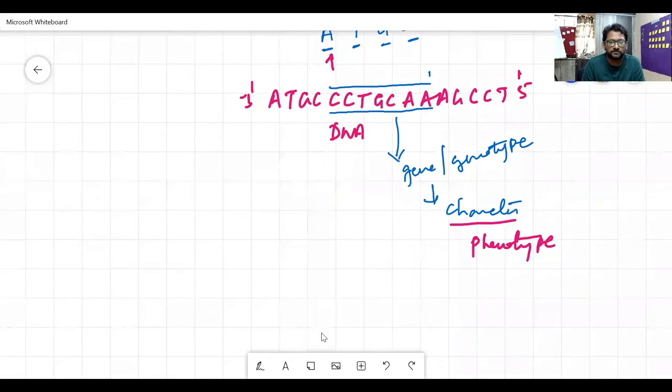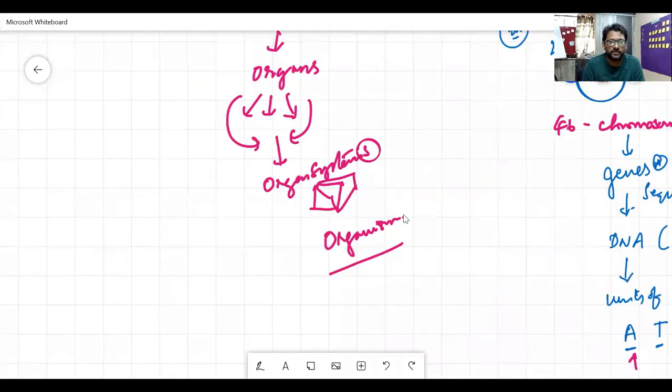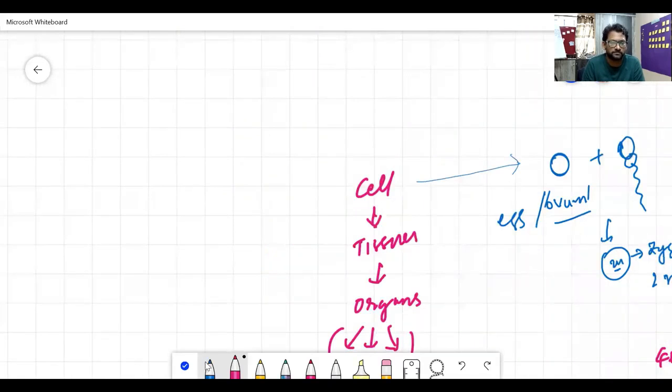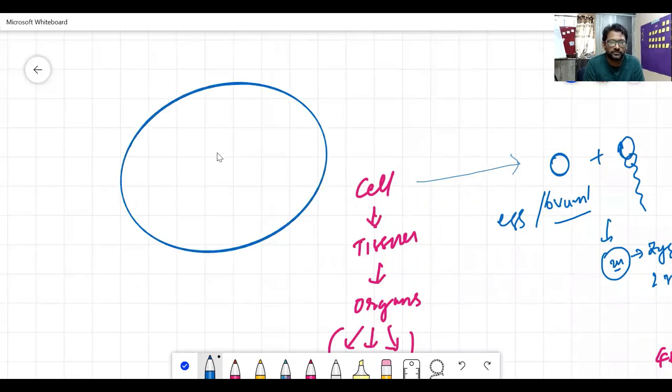Basically, in the cell you will find a nucleus. At the cellular level, an animal or human cell has a double membrane nucleus, and inside it you have these chromosomes. Chromosomes are made up of DNA.